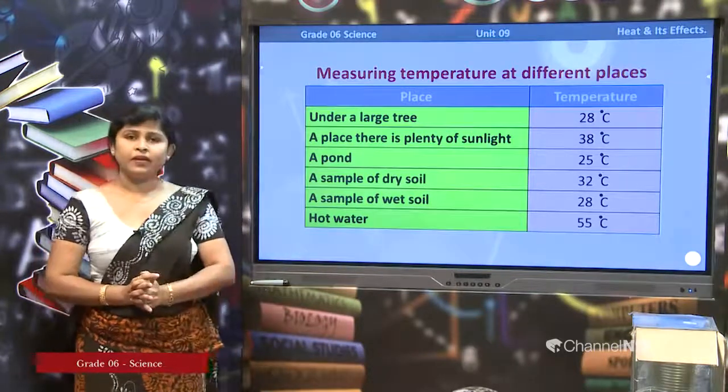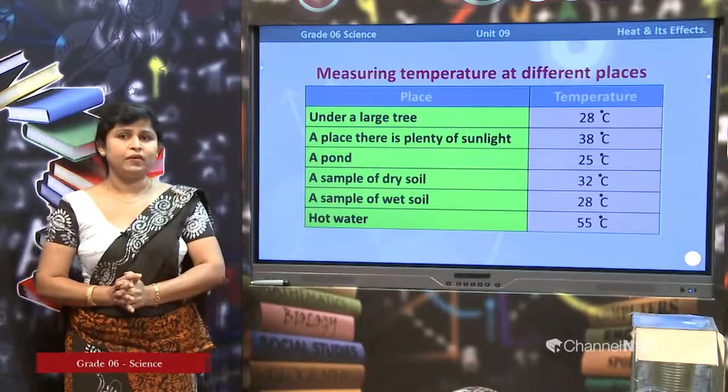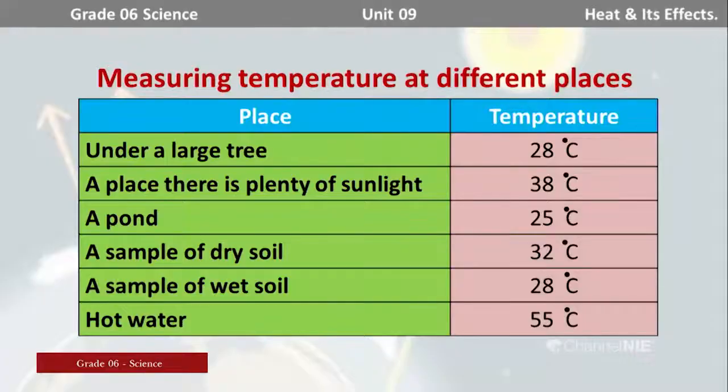And a pond, you can see there is a low temperature, 25 degrees Celsius. A sample of dry soil, the temperature is about 32 degrees Celsius. And a sample of wet soil, 28 degrees Celsius. And hot water, there is a high temperature, that is 55 degrees Celsius.